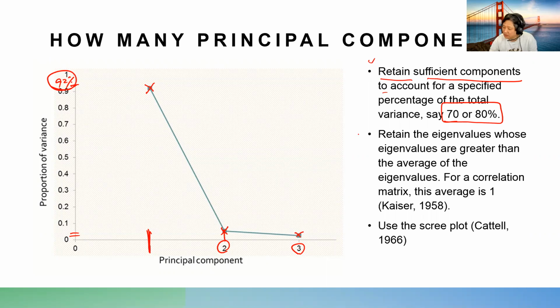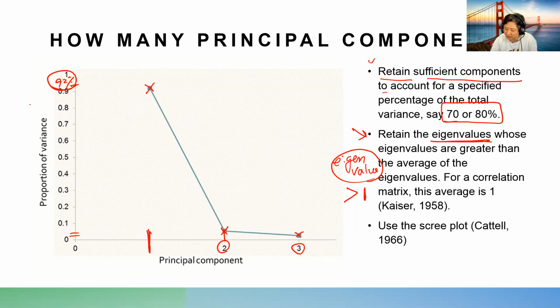And then the second approach is to use the eigenvalue. We select eigenvalues that are greater than 1.